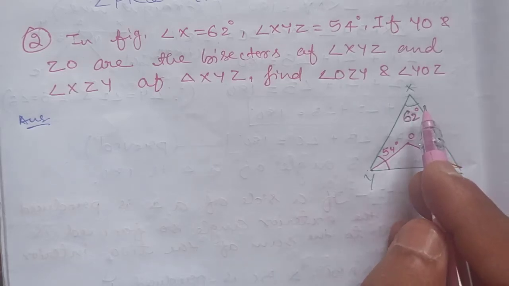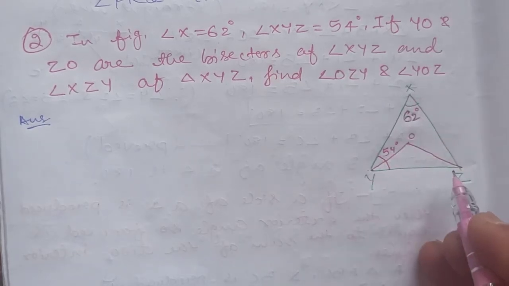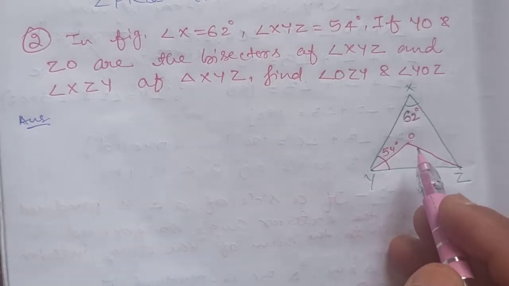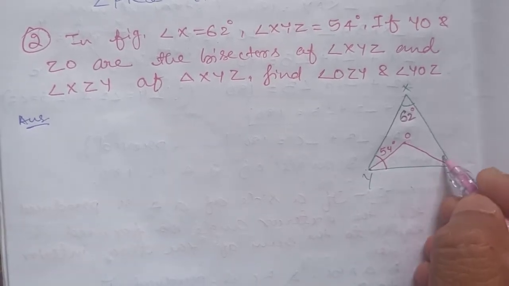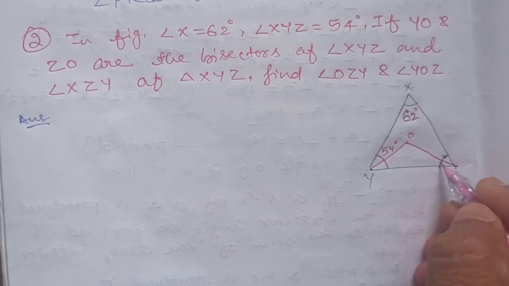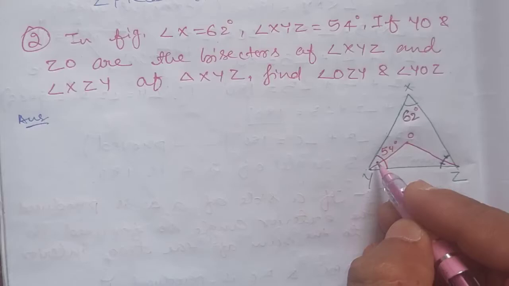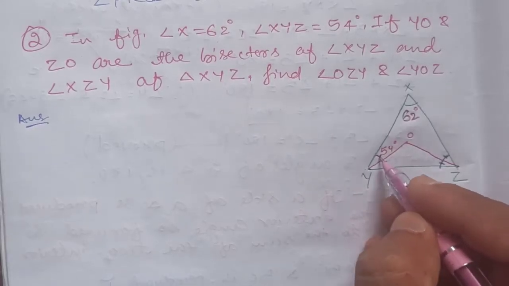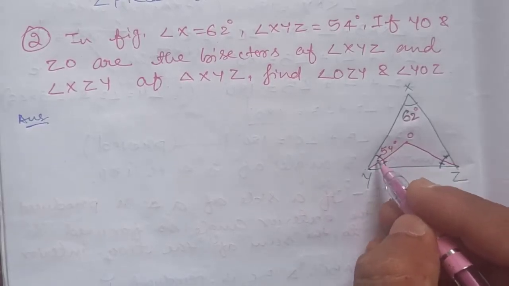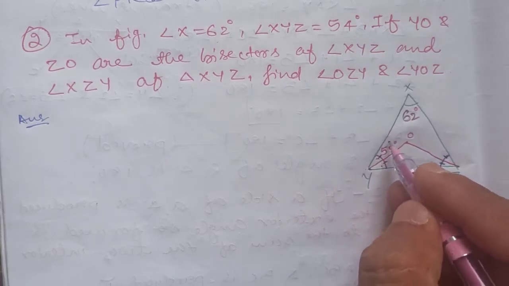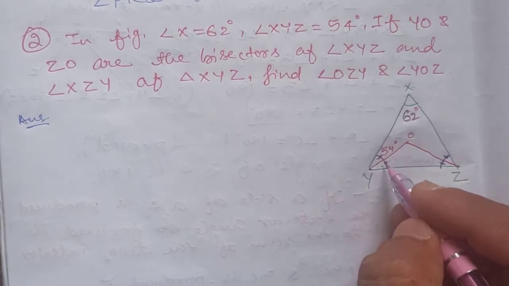Angle X equals 62 degree and XYZ, this total angle, is 54 degree. These lines are bisectors. Bisector means, as I already told you, it will bisect the angle into two equal parts. If the total is 54, this will be how much? 27 and 27.